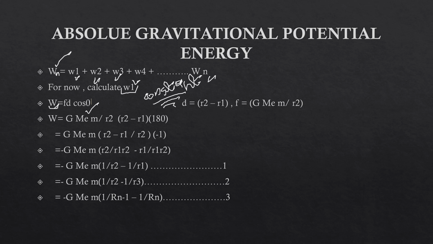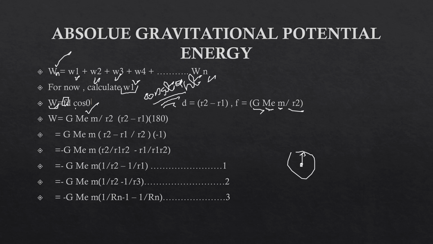Here, the force is F equals G, the gravitational constant, times ME, the mass of earth, times M, the mass of the body, over R squared. R squared means the distance from the center of the earth.